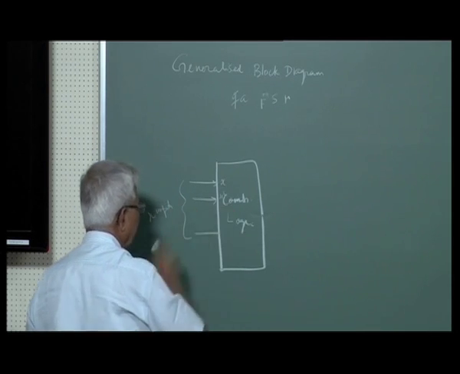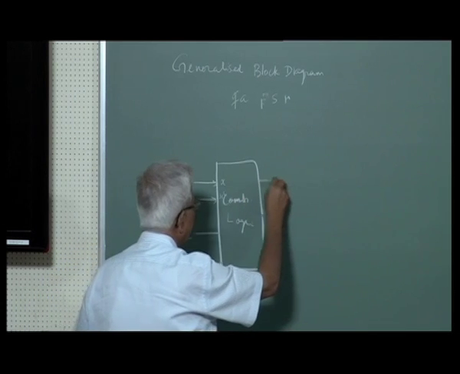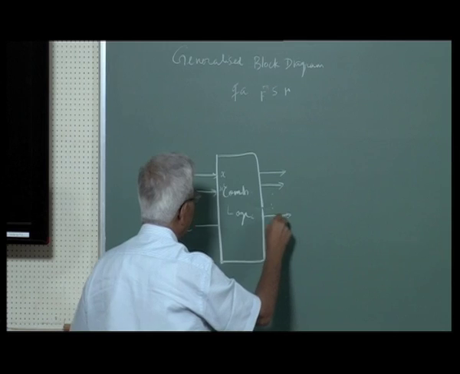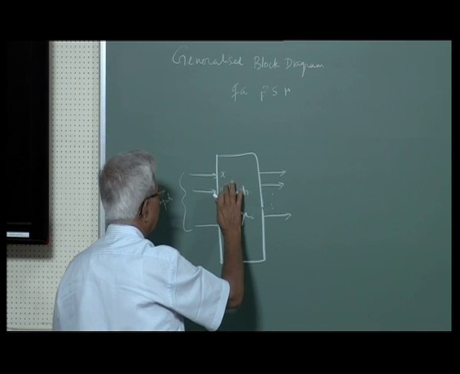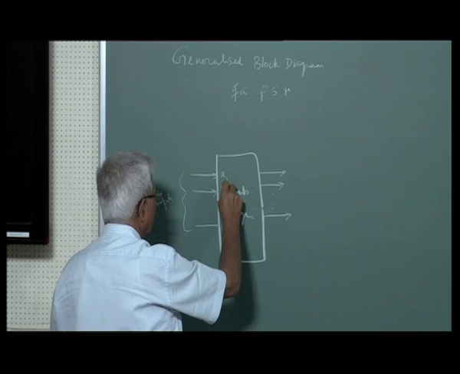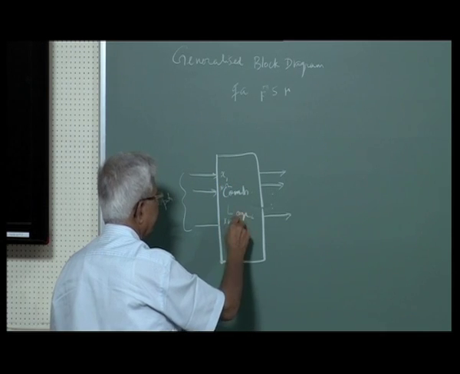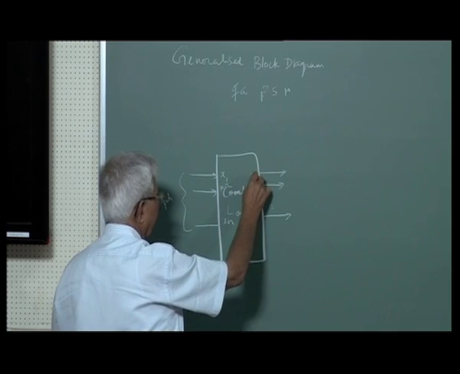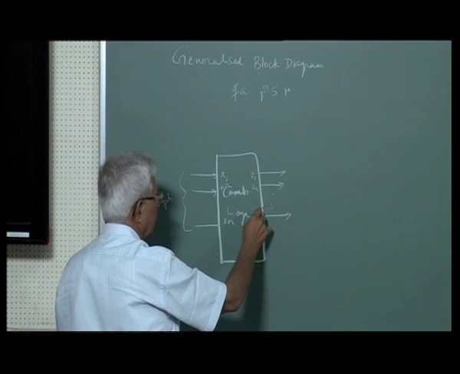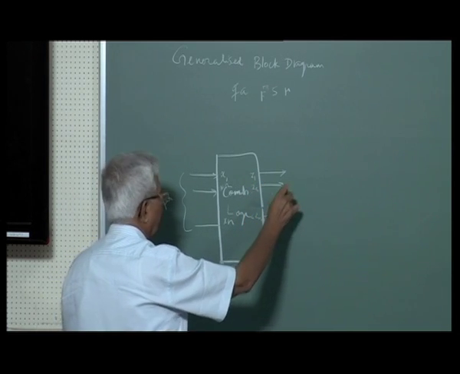This is a purely combination logic. It has outputs, say m outputs. We will say x1, x2, xn, and outputs z1, z2, zm, m outputs.